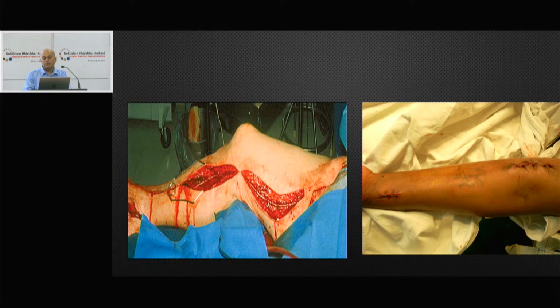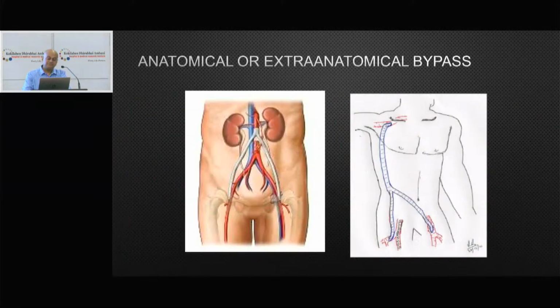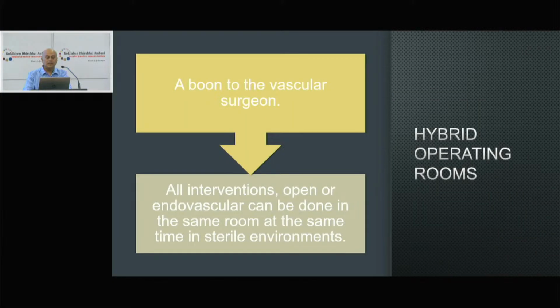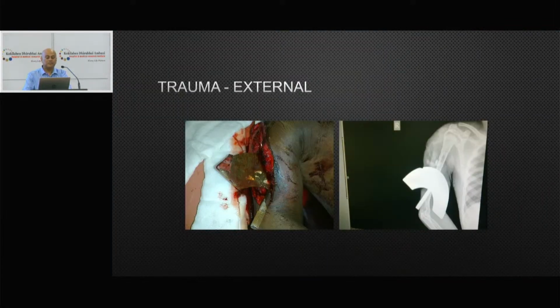So that patient who had an embolectomy, we did a bypass from the brachial to the radial artery. So you have anatomical, extra-anatomical bypasses where depending on the patient fitness, you decide what you want to do. So hybrid operation theaters are now a boon to the vascular surgeon. All interventions, whether it is open or endovascular, can be done in the same room in sterile environments.